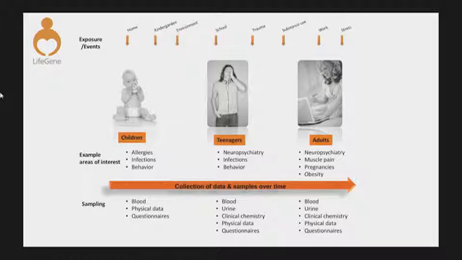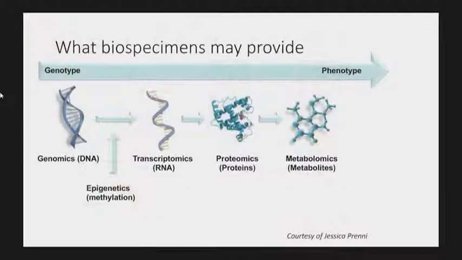And certainly one would want to have data collection as well as sample collection over time and have them be relevant. Now, I don't really want to preempt the two speakers after me, but we certainly can be getting quite a bit from these biospecimens, everything from DNA and understanding of the genomics through to proteomics, metabolomics, and whatnot.